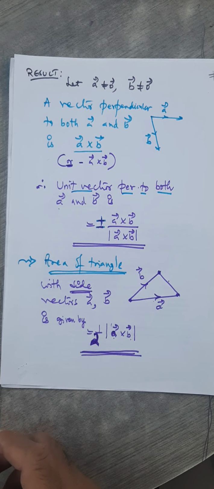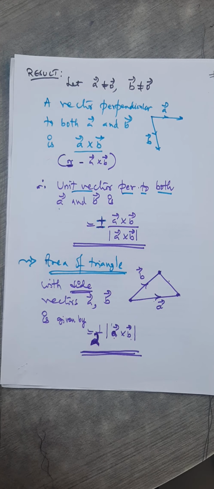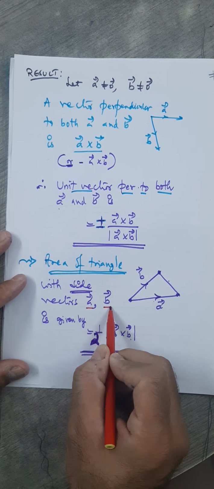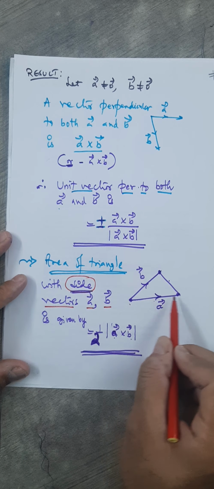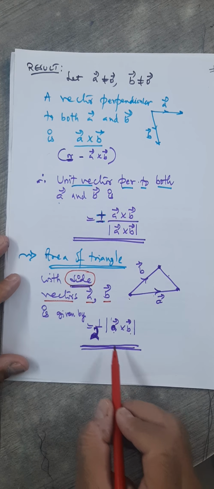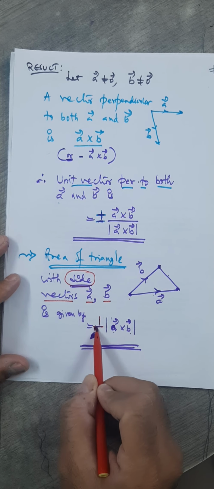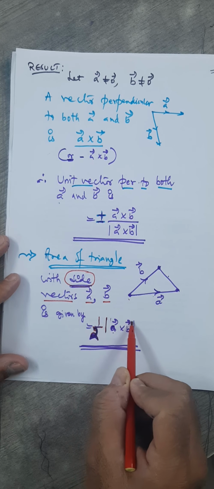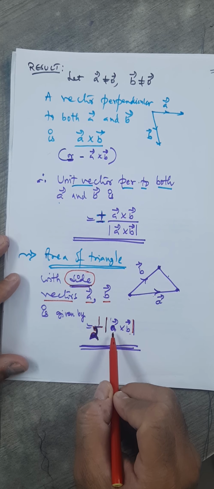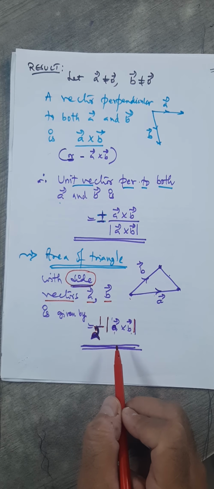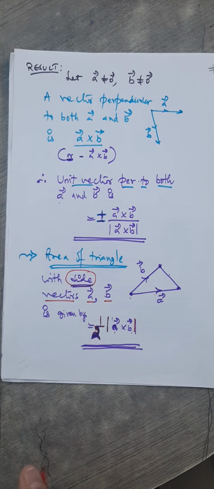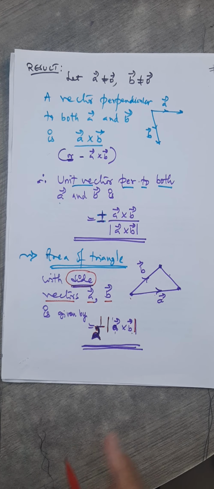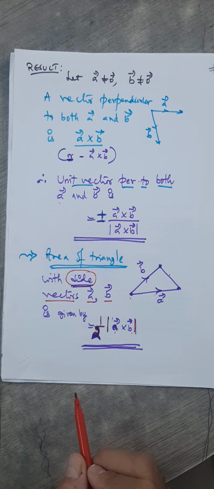What is important here is that vectors A and B are nothing but side vectors, remember. Don't get confused with the position vectors of the vertices. So it is given by 1 by 2 times the magnitude of the cross product of the two sides. Fine. So this way we get the area of a triangle in R3. Earlier we had it in R2 with two coordinates. Here a vector may have three components, remember.